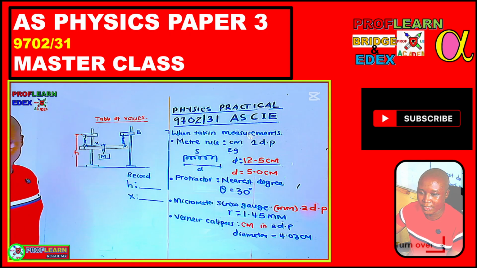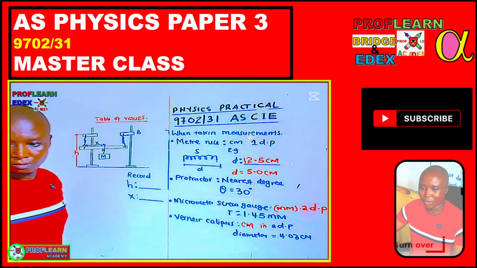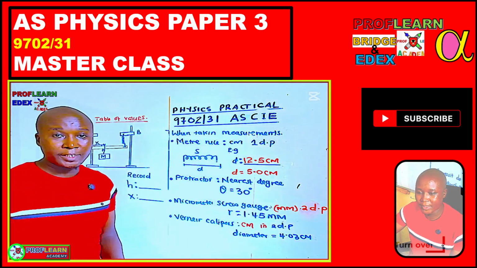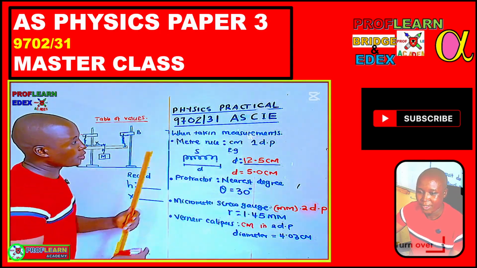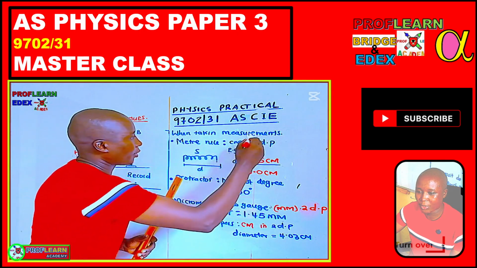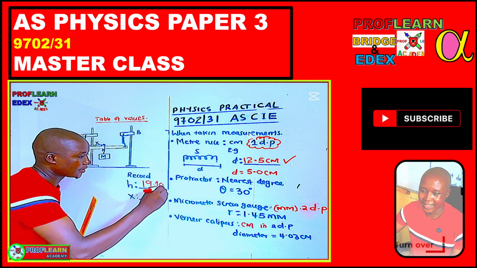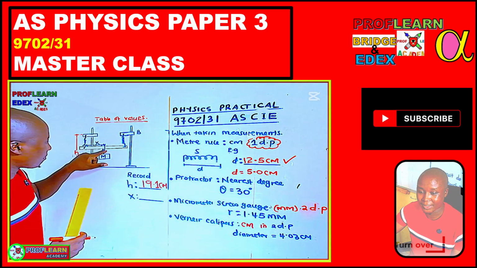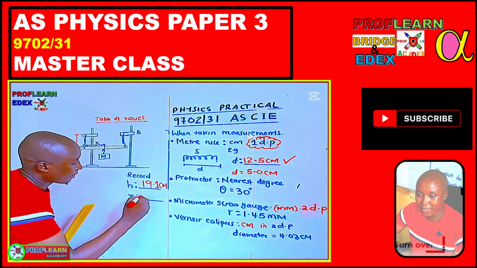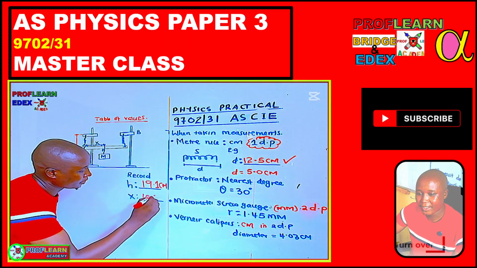You are supposed to measure the height h and the length x. Which instrument are you using? You are using a meter rule, so that should be recorded correct to 1 decimal place. That's why I recorded that as 19.1 centimeters. For x, if we are recording that distance x, also we are using a meter rule to measure that, and then you record it.